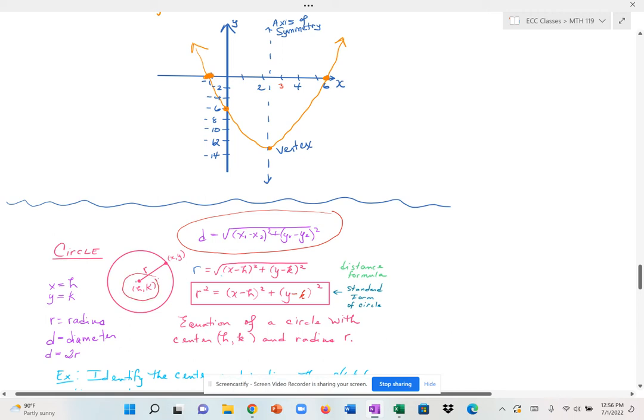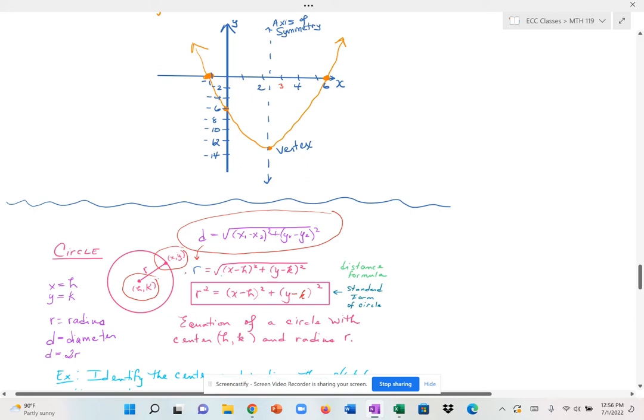And I call the other point, some point on the rim of the circle, (x, y). If I plug (h, k) and (x, y) into my distance formula and call the distance r for radius, then r is equal to the square root of (x minus h) squared plus (y minus k) squared.